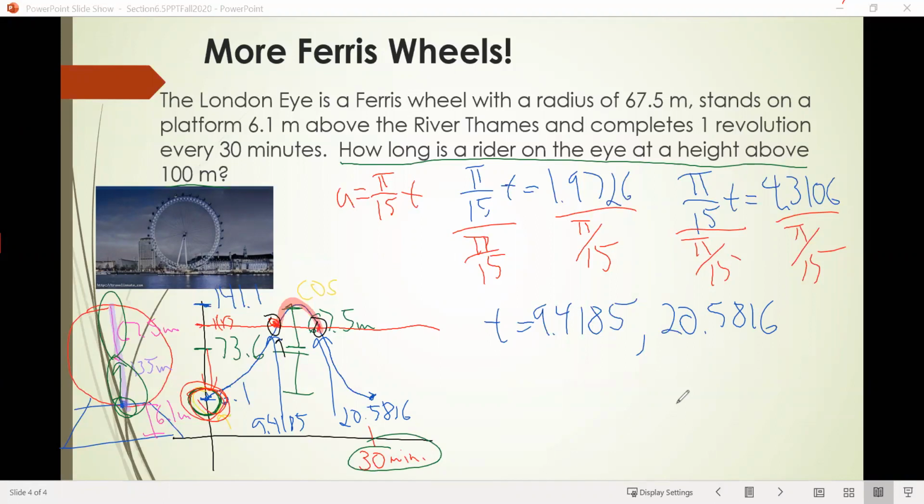And going back to the question we're being asked to answer, it's how long are we at a height above that? Well, if we first hit it at 9.4 minutes and we get out at 20.5 minutes, how would we figure out how long that is? Right, we can just simply subtract the two.